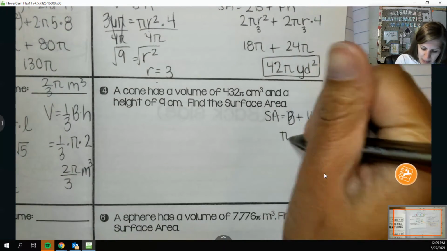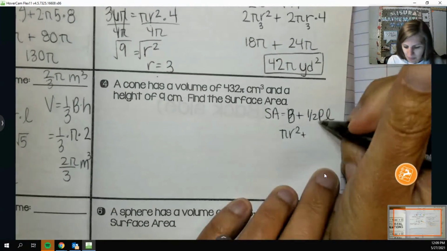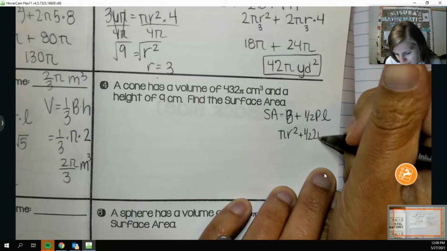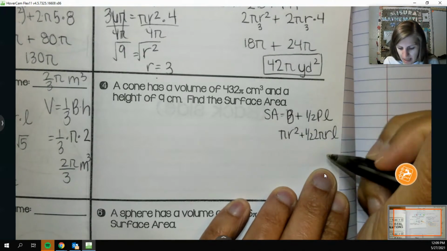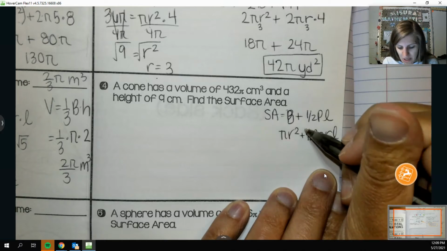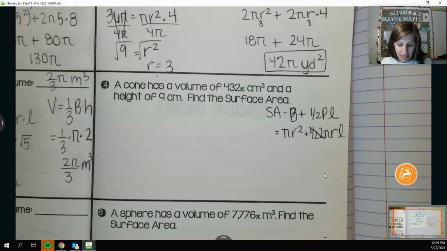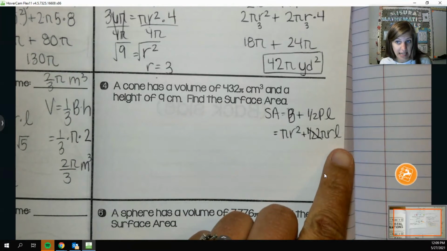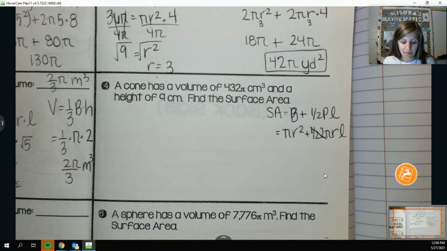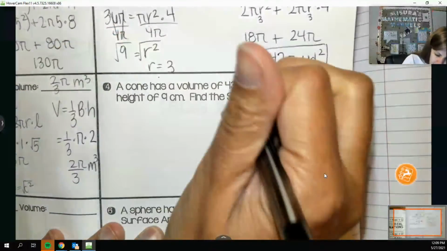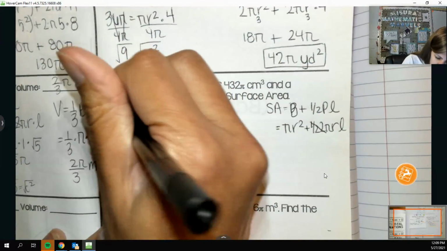Area of the base is pi r squared. Perimeter of the base is 2 pi r. And then we have our slanted height at the end. The 2 and half can go away. And like, this problem super sucks because I don't have radius or slanted height. And I need both. So we have to use the information that's given, which is volume.